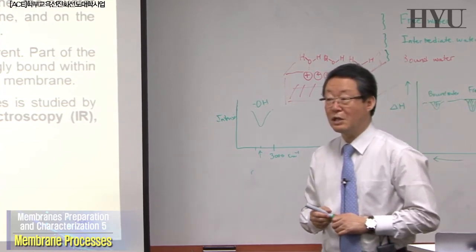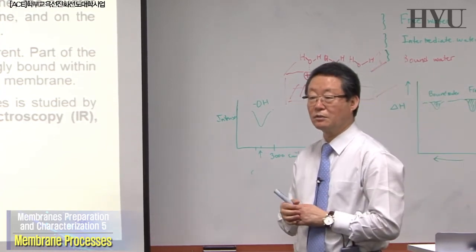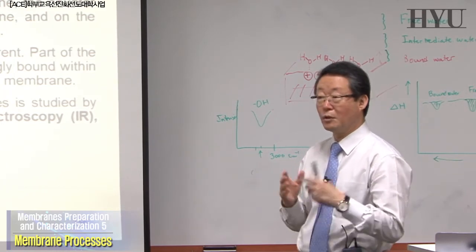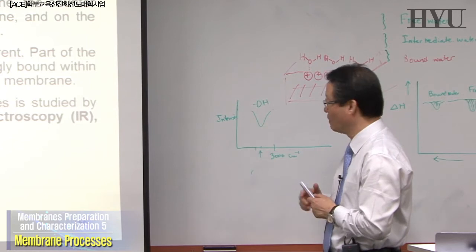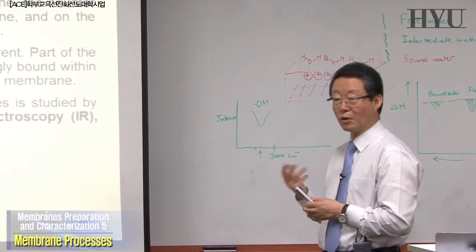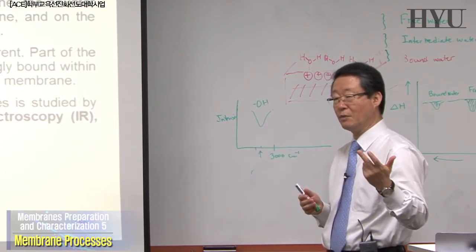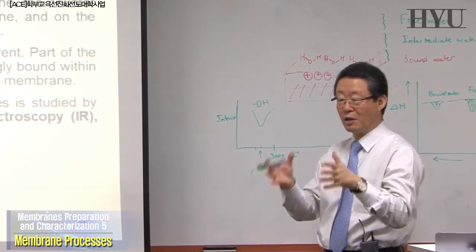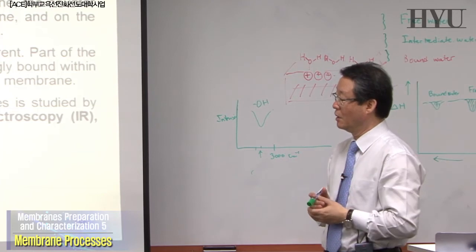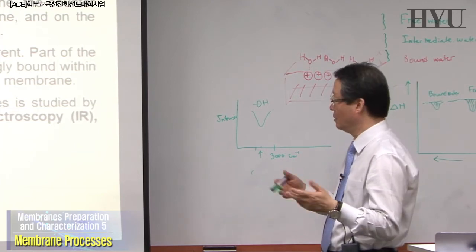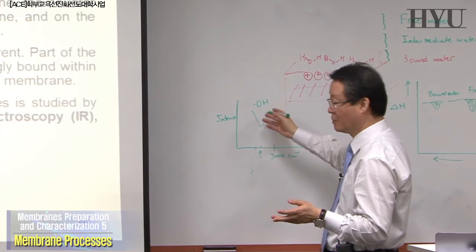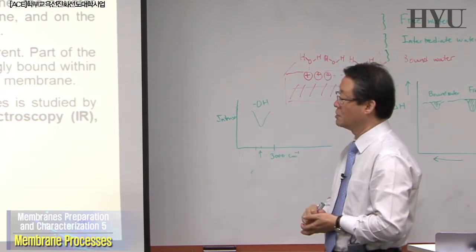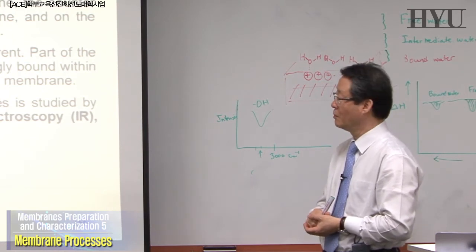If your membrane does not contain any hydroxyl group in your polymeric structure, but you observe this hydroxyl group, that should come from water, whether from water in the air or water in the membrane. So if you block the water in the air from your environment, and you still observe this hydroxyl group, then it's usually coming from the water in the membrane.